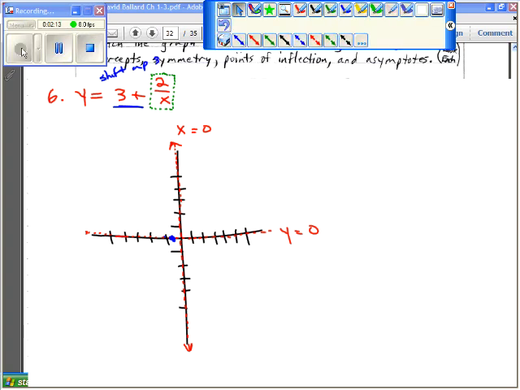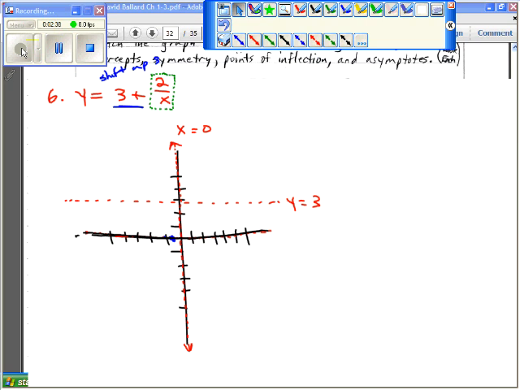And so my horizontal asymptote is not at y equals 0, it's y equals 3. That plus 3 makes the graph shift up 3. So it's kind of good that we figured that out, that we knew there couldn't be a point on an asymptote. So fix that.